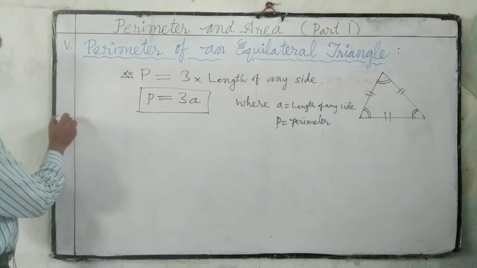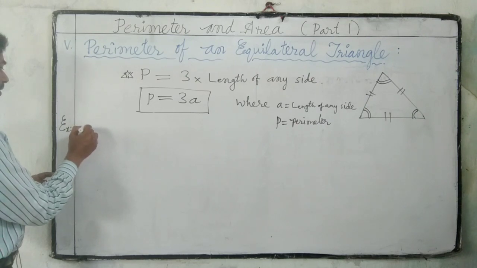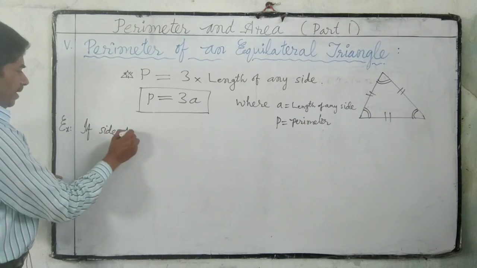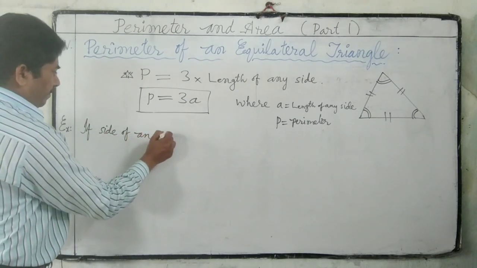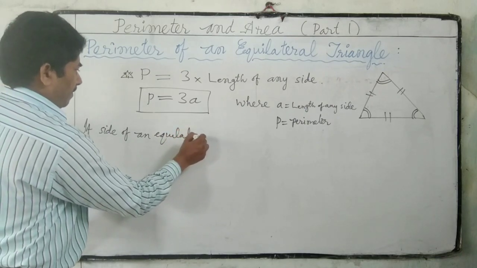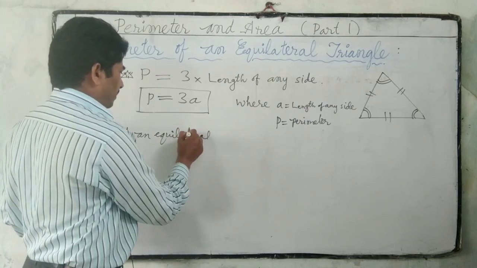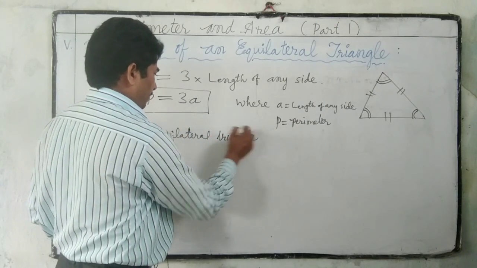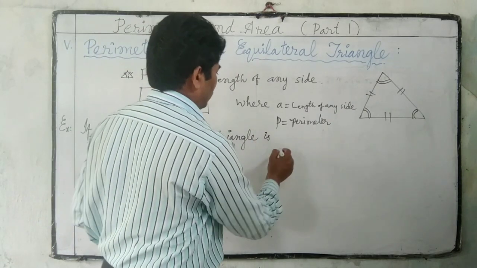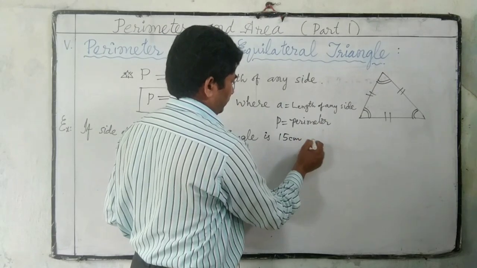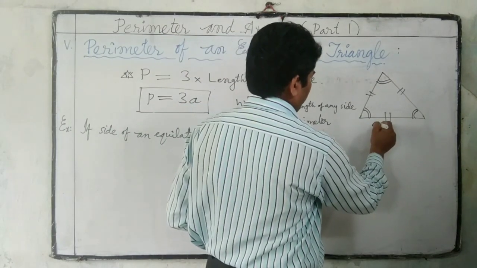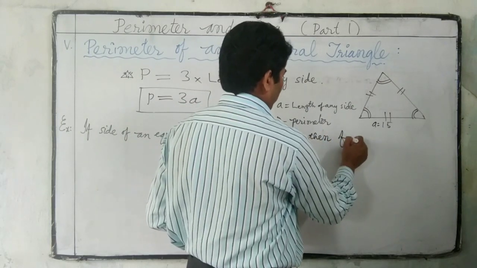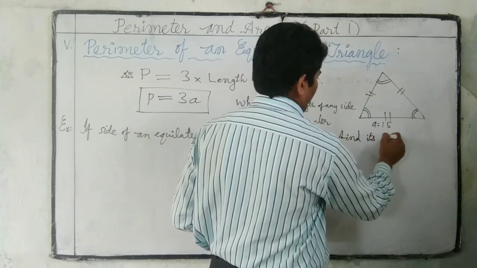Let us see an example. If side of an equilateral triangle is 15 centimeters, this is A, 15 centimeters, then find its perimeter.